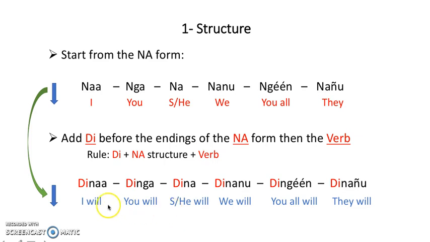So that's one first difference to make. The second one is between we and they. Dinanu, dinanu, we will. Dinanyu, they will. Now in standard Wolof, this is different from this, but it's a pattern among Wolof people to say dinanyu for both we and they.